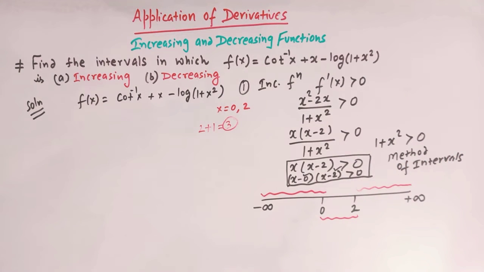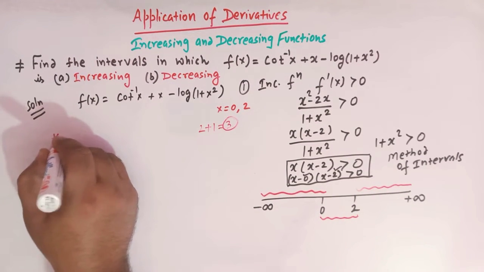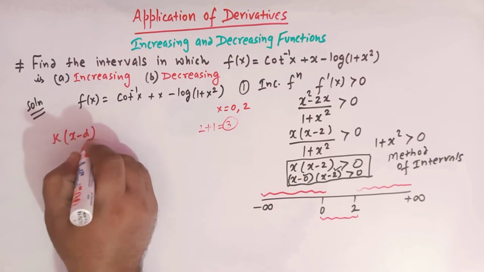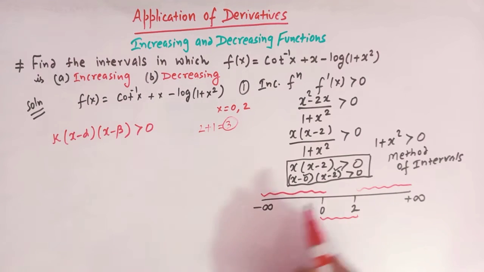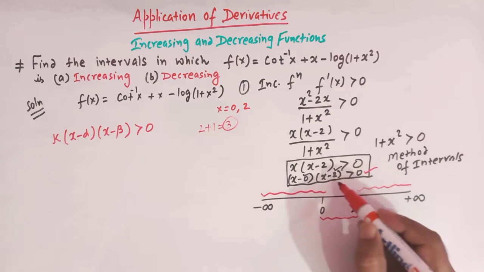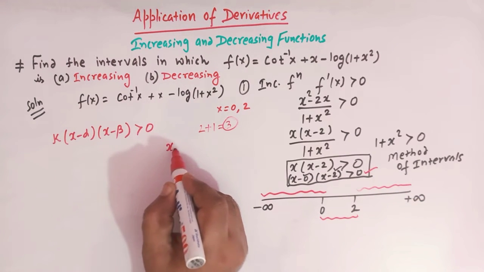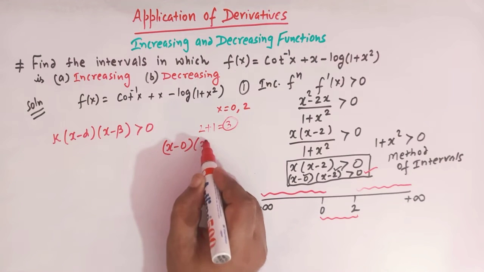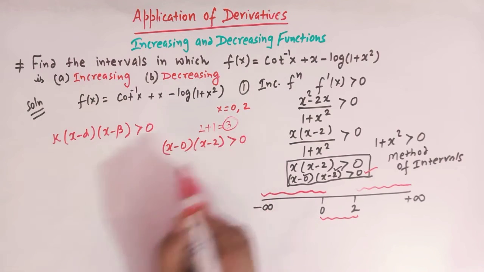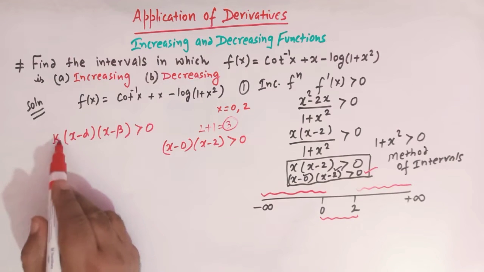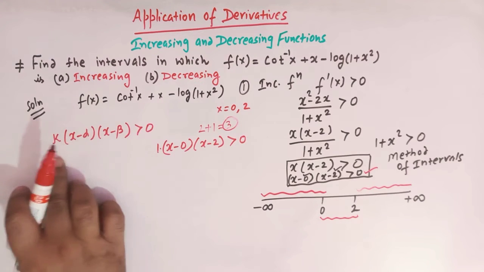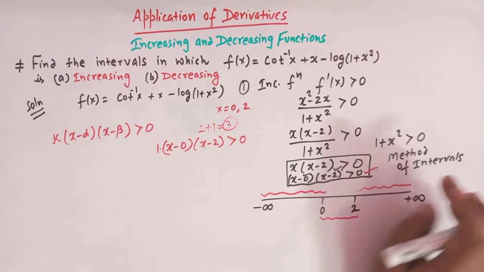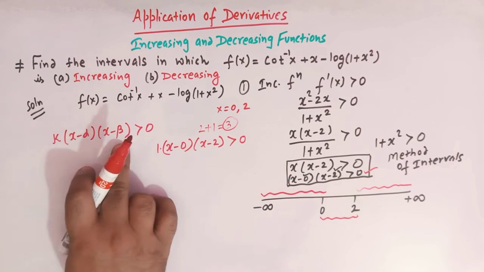Now see, whenever we have an expression like this, k times x minus alpha times x minus beta is greater than 0, here we have x minus 0 and x minus 2 greater than 0, and k is some real number, so for k we have 1. So here we are revising the general method.